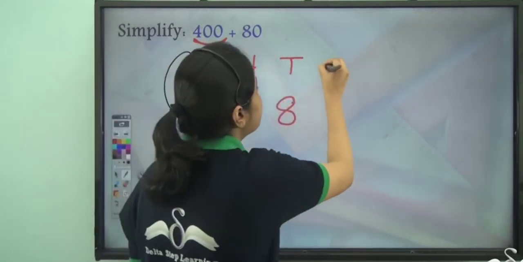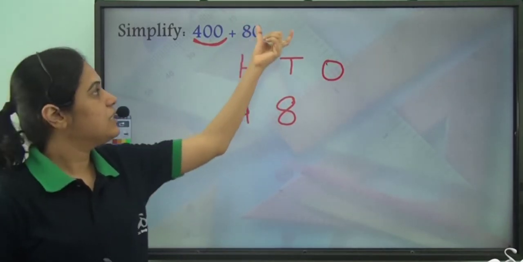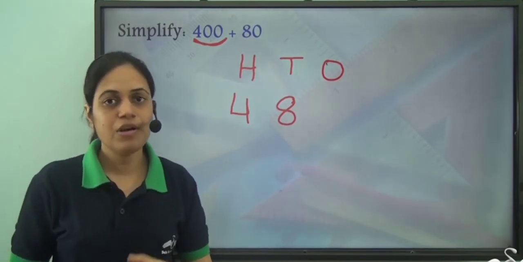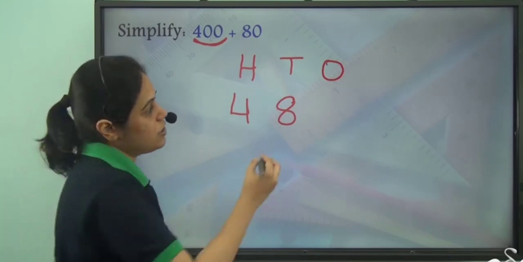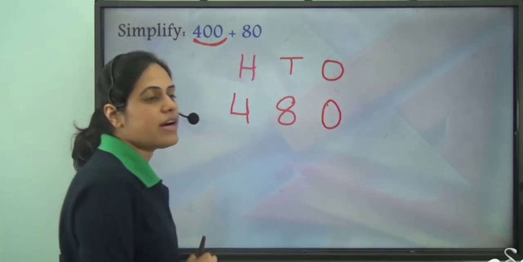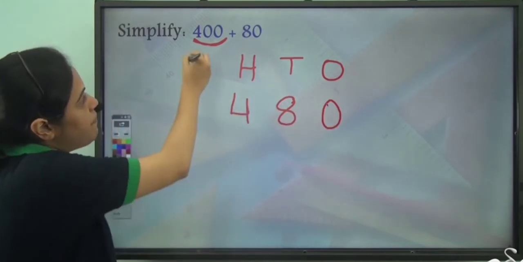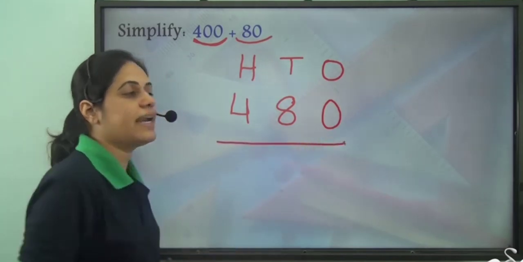But I know after the tens place, there is a ones place as well. But there is no term for the ones place in the expanded form, which means that there are no ones, or 0 ones. So 480 is the simplified form of this expanded form, 480.